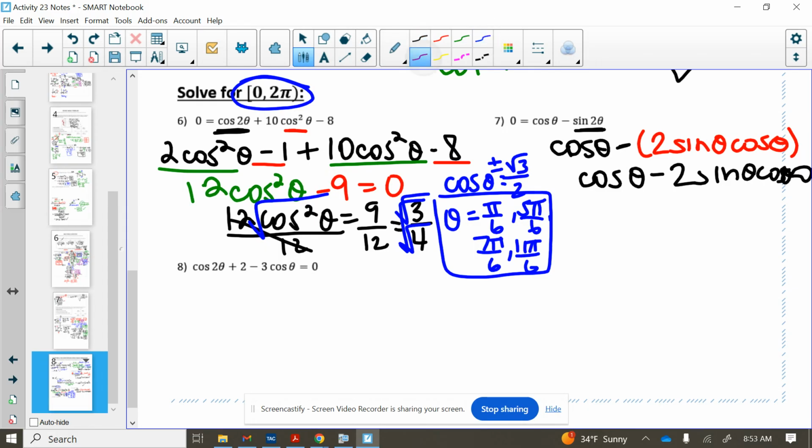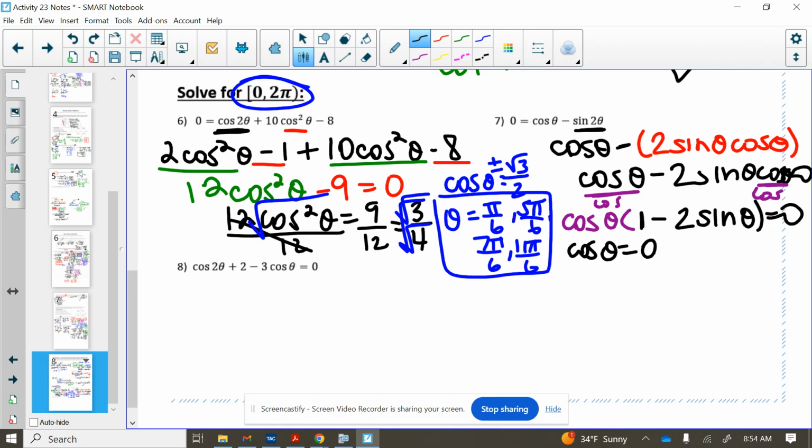Now, what we notice is the cosines both are in each piece, so we have a GCF of cosine that we can officially take out. If you divide both pieces by that cosine, cosine divided by cosine is 1, and we still have a 2 sine theta. So officially we have 2 things we need to set equal to 0 this time, cosine and 1 minus 2 sine. Both of those get set equal to 0.